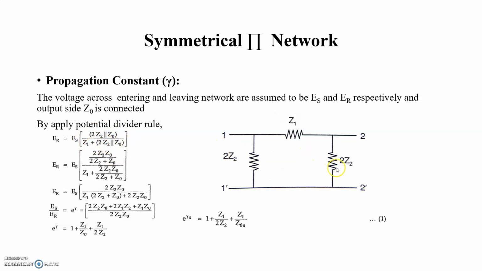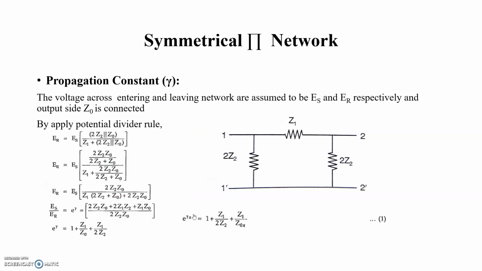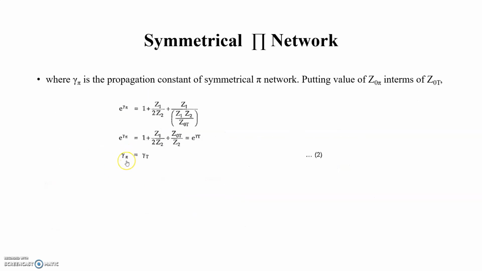So that is 2 Z2 parallel with Z0, divided by Z1 plus 2 Z2 parallel with Z0. Expand and simplify this. Find ES by ER, which is equal to e power gamma, and finally we get gamma. So gamma pi is equal to gamma T: the propagation constant is the same for symmetrical pi and T networks.